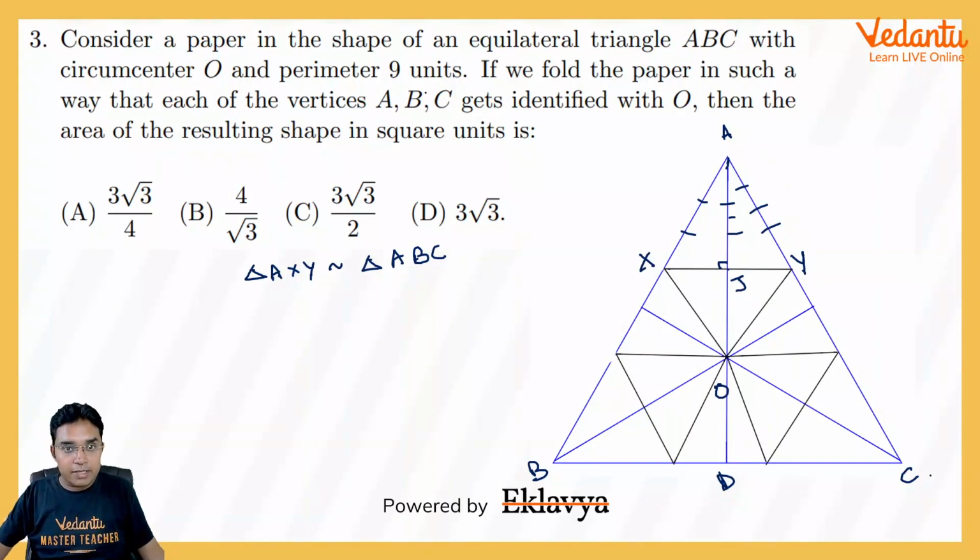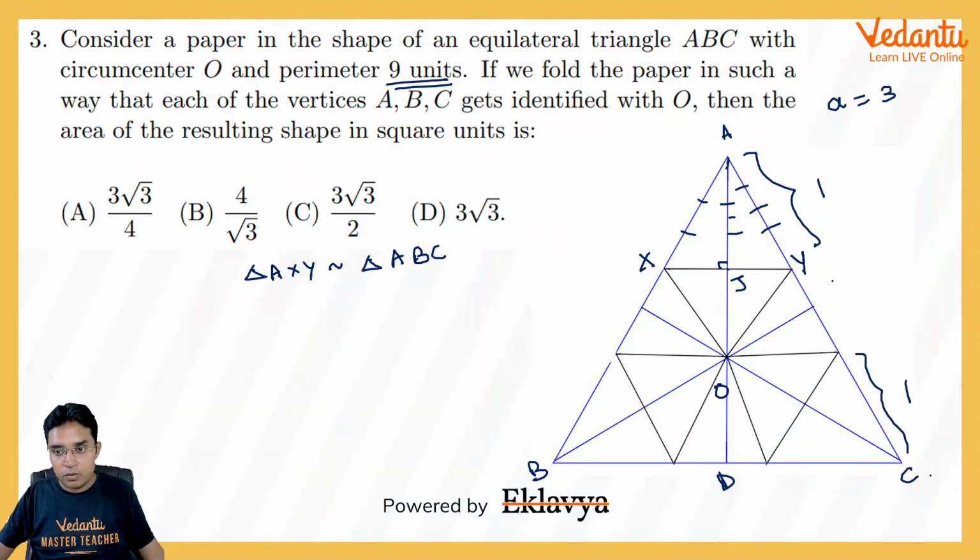Because as I told you, the perimeter is 9, the side length of the equilateral triangle is 3, so this AY will be 1, then this will also be 1, and this will also be 1 here.